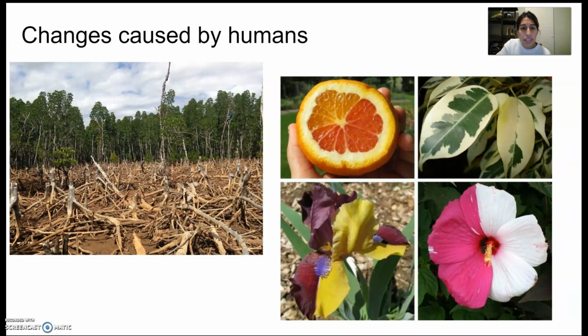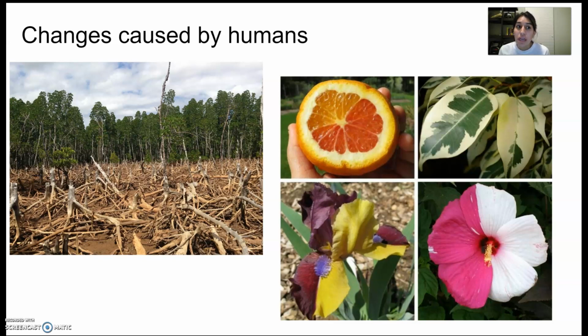And the last one is humans. We cause a change to our own plants and trees. Ways that we can do that are, over here to the left, cutting down trees. And over here to the right, you're going to see what's called cross pollination.